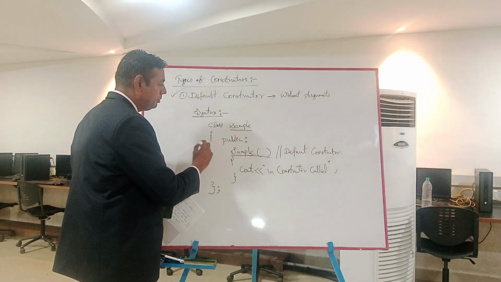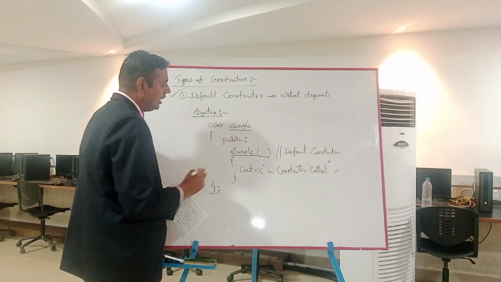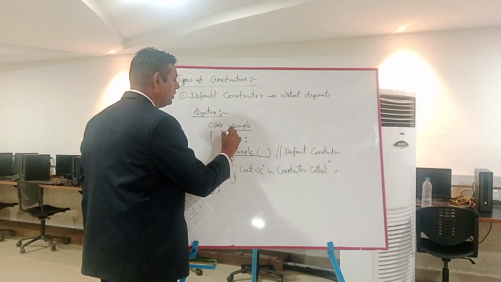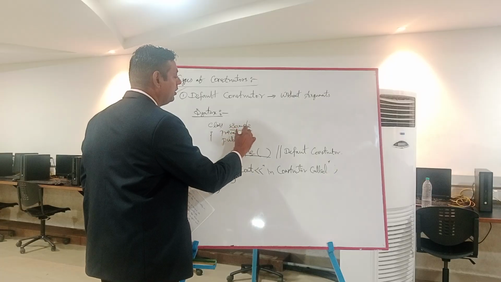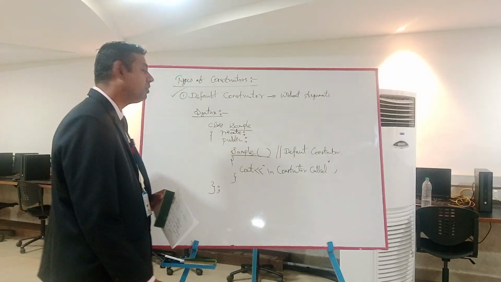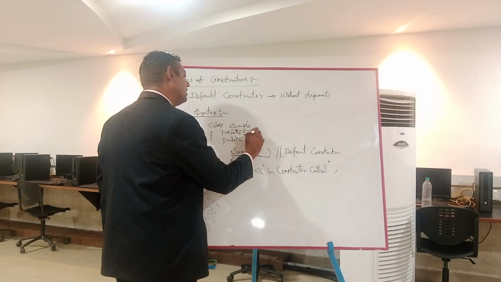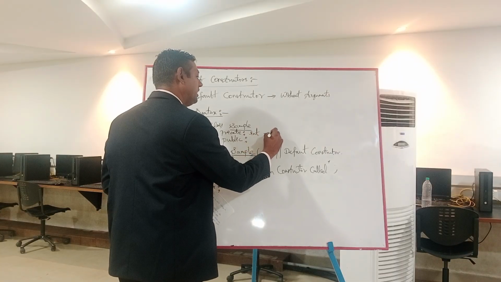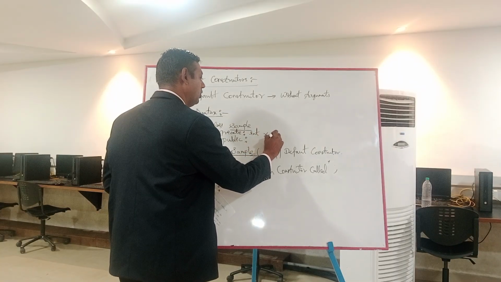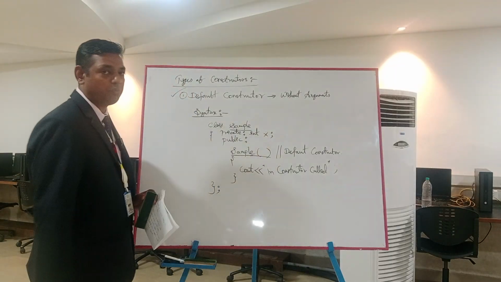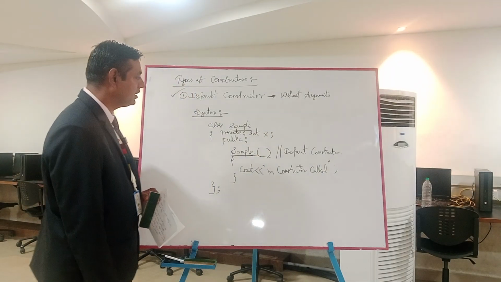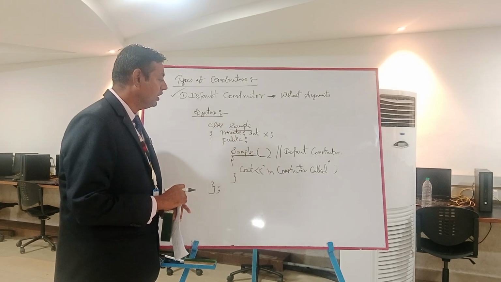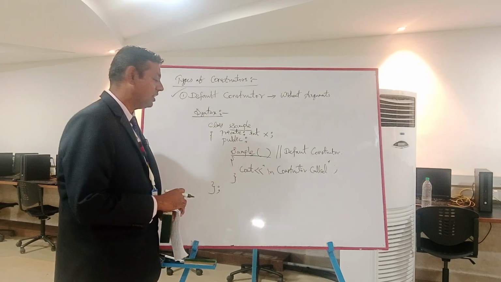Say for example, in this class I have a variable in a private section: private, integer x. Using this constructor, generally any type of constructor, be it default, parameterized or copy, you can initialize the data members of the class.